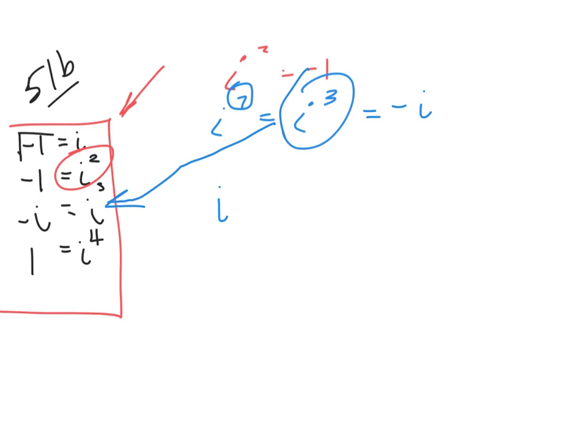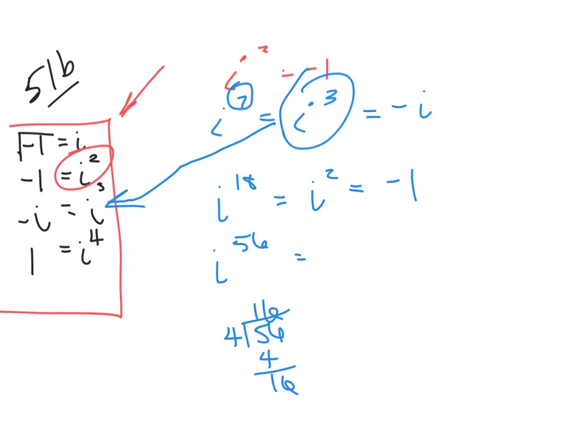What if I have i to the 18th power? Well, 4 goes into 18 4 times with 2 left over. So i squared gives me negative 1. What about i to the 56th power? Well, 4 goes into 56 fourteen times, and I have 0 left over.